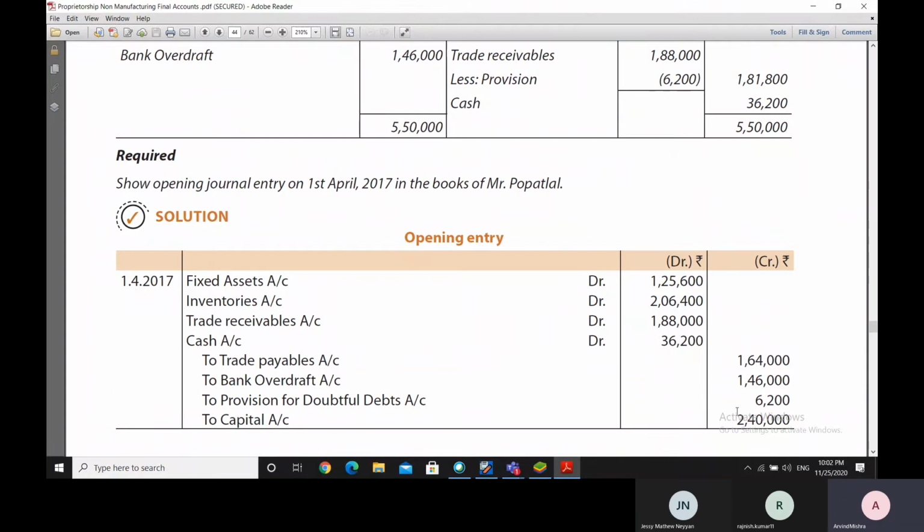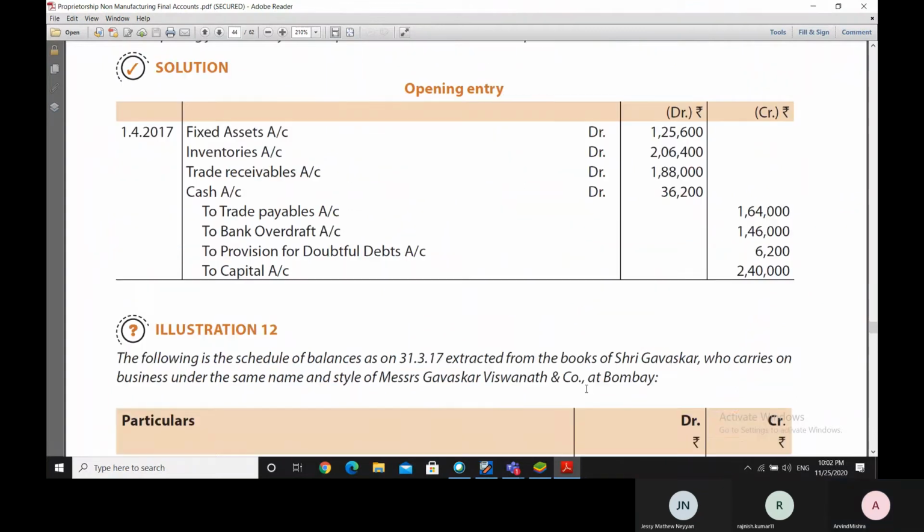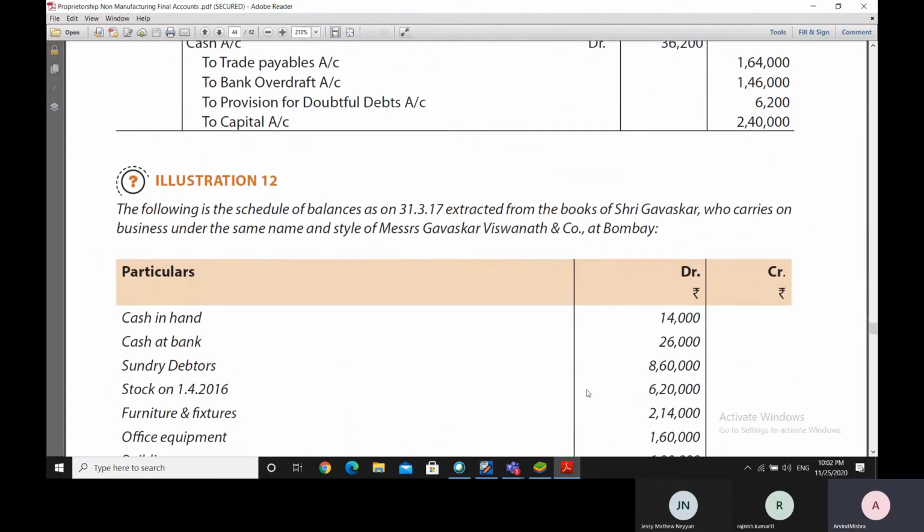So that is shown separately. At the end of the year, when we prepare the balance sheet, we'll reduce the provision for doubtful debts again from the trade receivables at the end of the year, not at the beginning of the year.